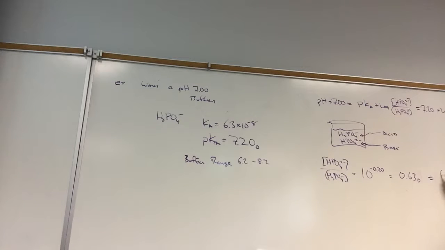Okay, so what that means is we need a 0.63 to 1 ratio. For every 1 part of acid, we need 0.63 parts of base.